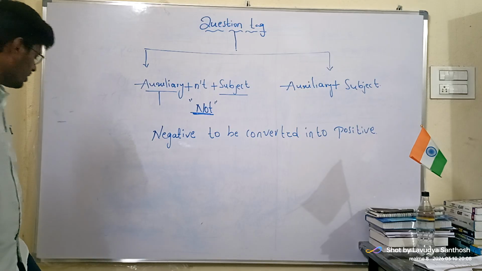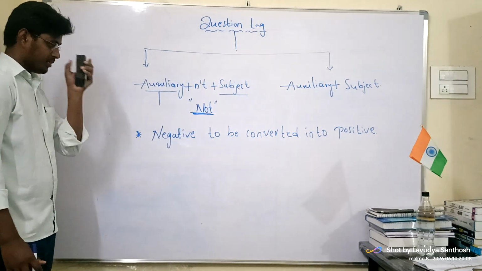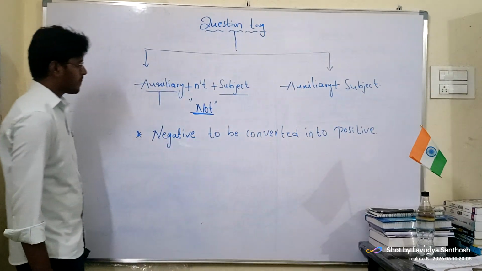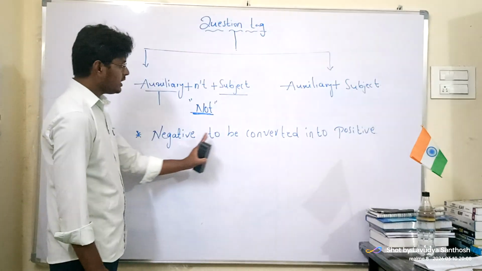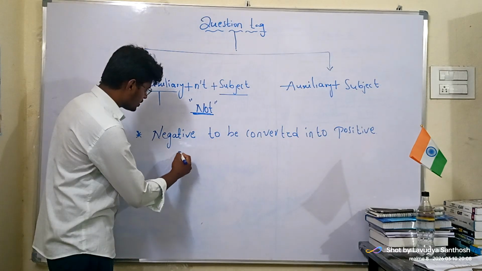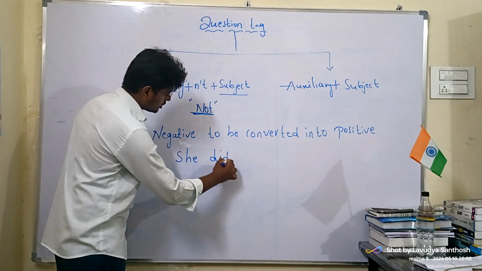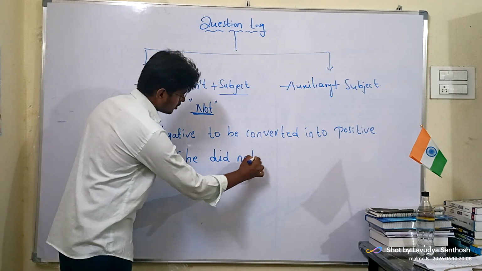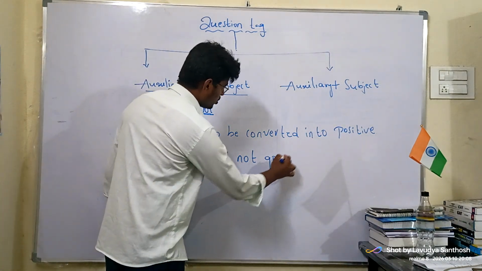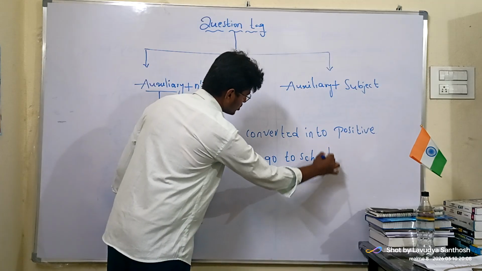Shall we take one example? We will take one example and look at it in depth. Our sentence should be in negative form. She did not go to school.